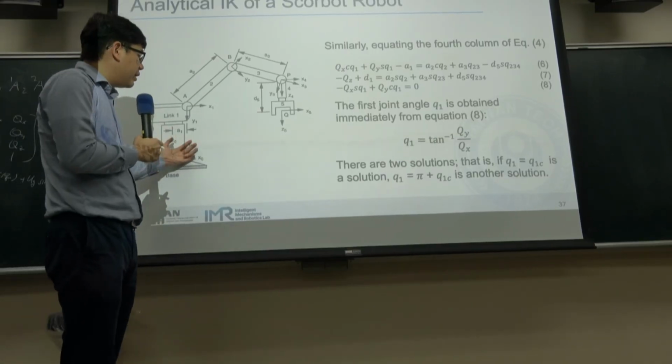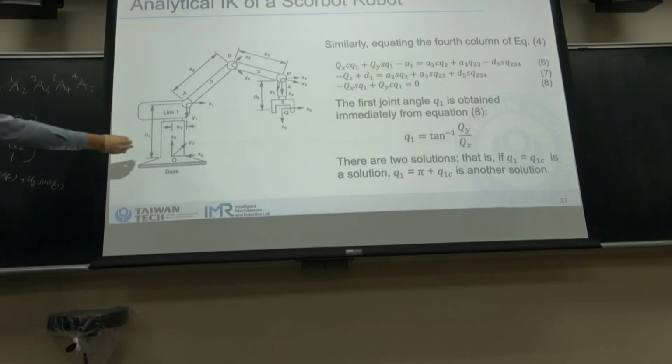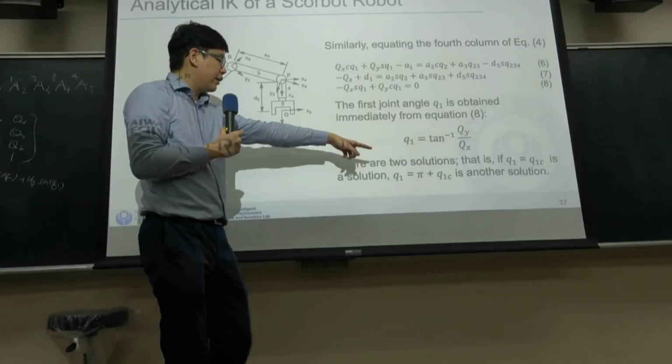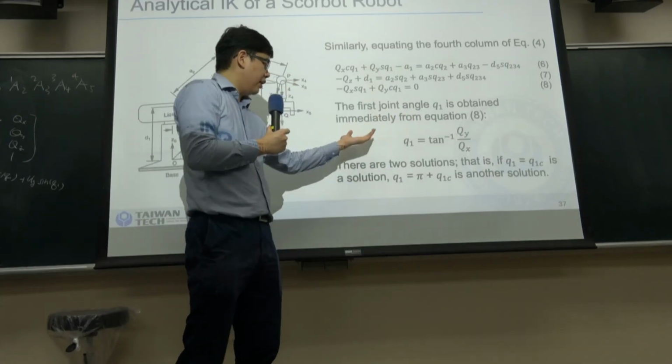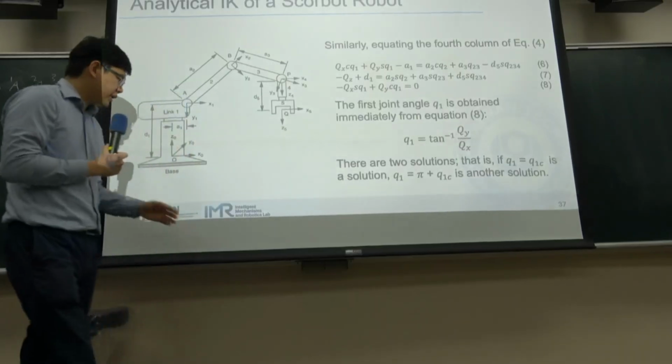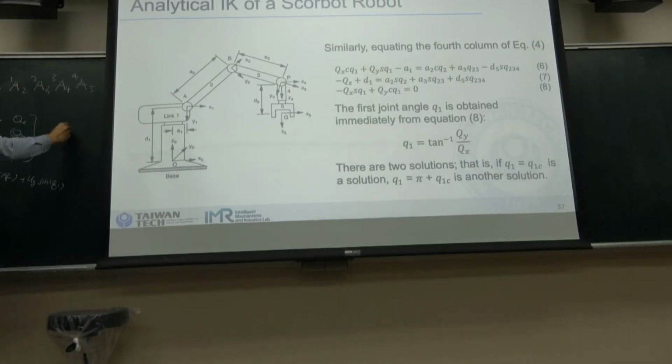So for the first one, we will have two solutions. It's the Q1, and the other solution will be plus 180 degrees. So it's in the reverse side.